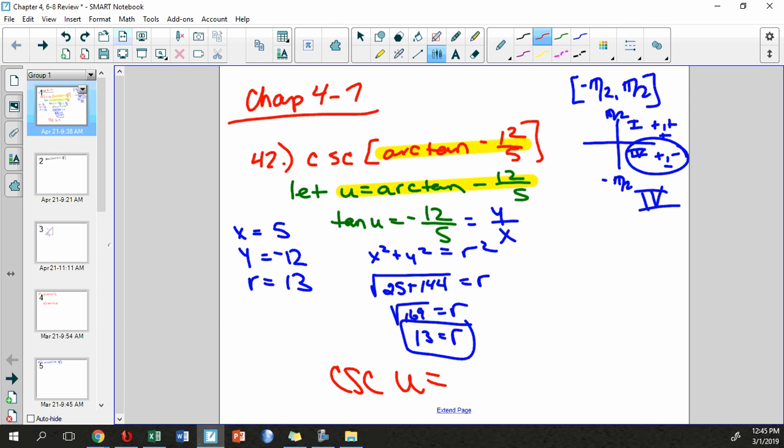Cosecant is the reciprocal of what trig function? Sine. So what's the reciprocal of sine then? R over y. So my r value is 13, and my y value is negative 12. So there is your cosecant of the arctan of negative 12 over 5. Do we understand that?